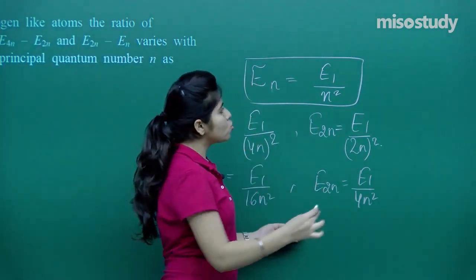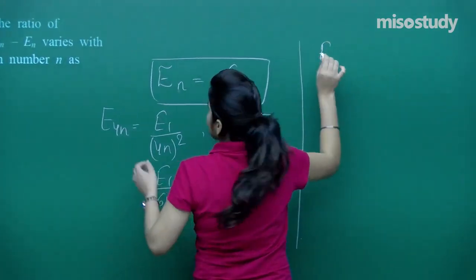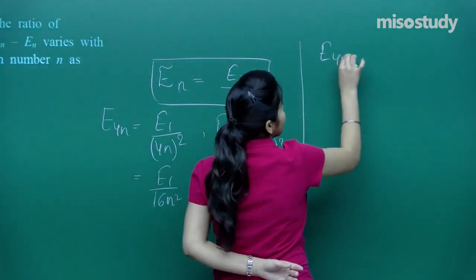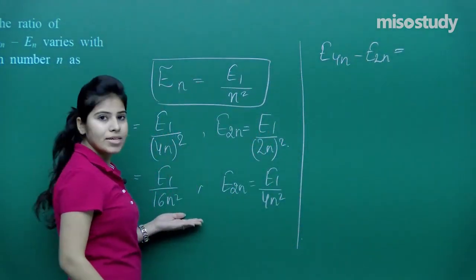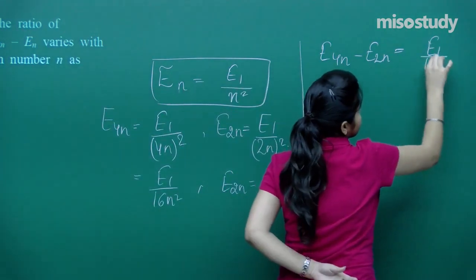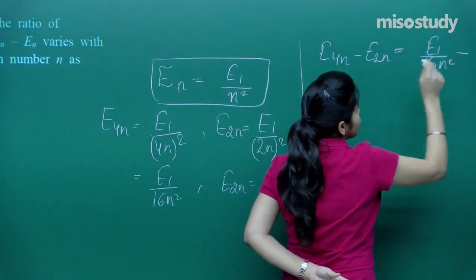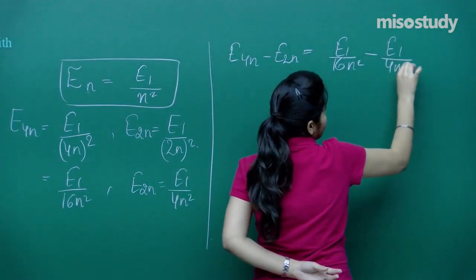So just look at this side, I am going to write E4n minus E2n, and as I can see E4n is E1 upon 16n square minus E2n, E1 upon 4n square.